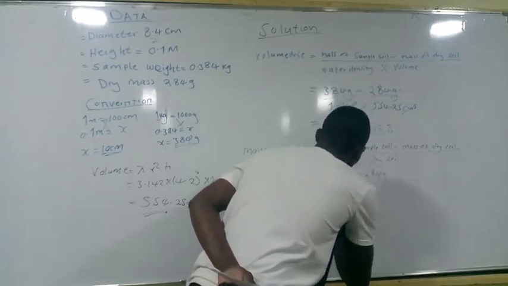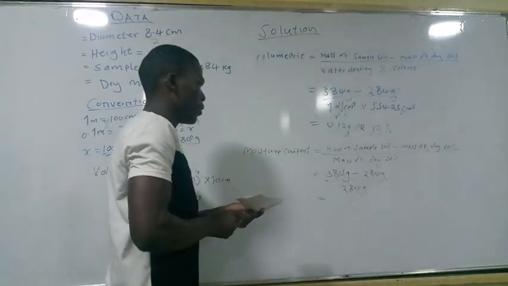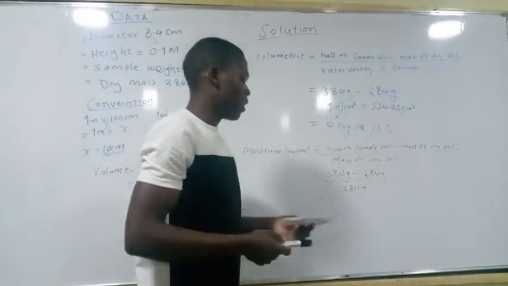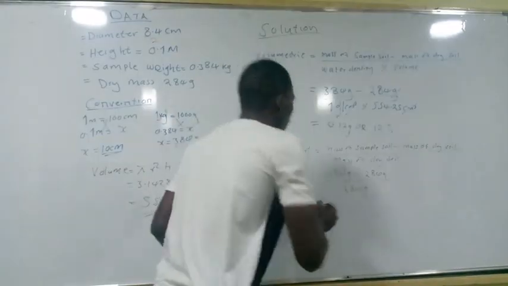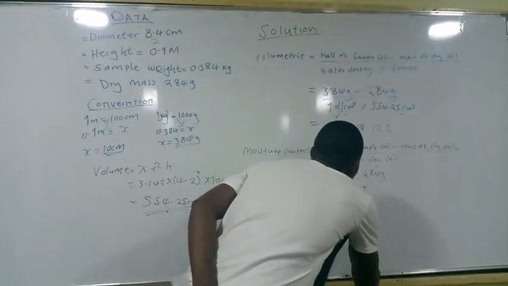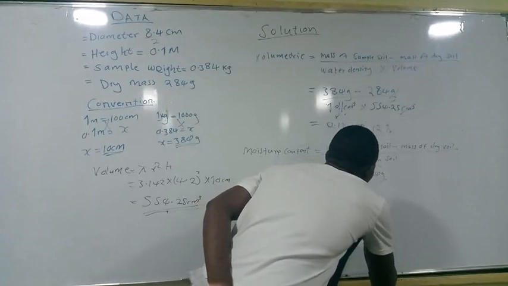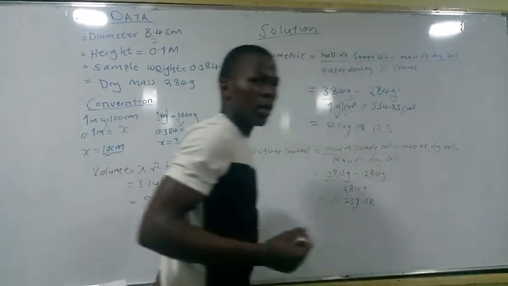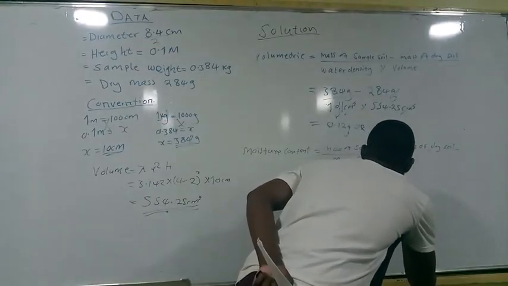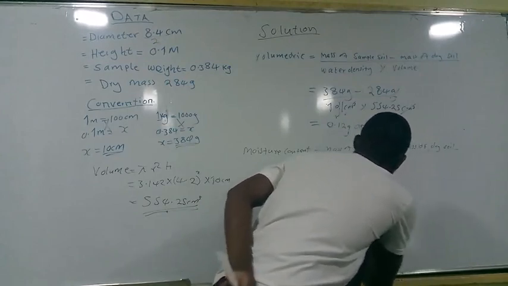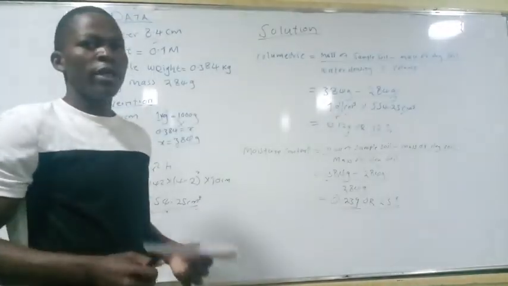This gram, gone. Now, when you use your calculator and divide by that number, you're going to get 0.23 grams, or when you multiply by 100, 123%. So this marks the end of our problem. Otherwise, thanks for watching.